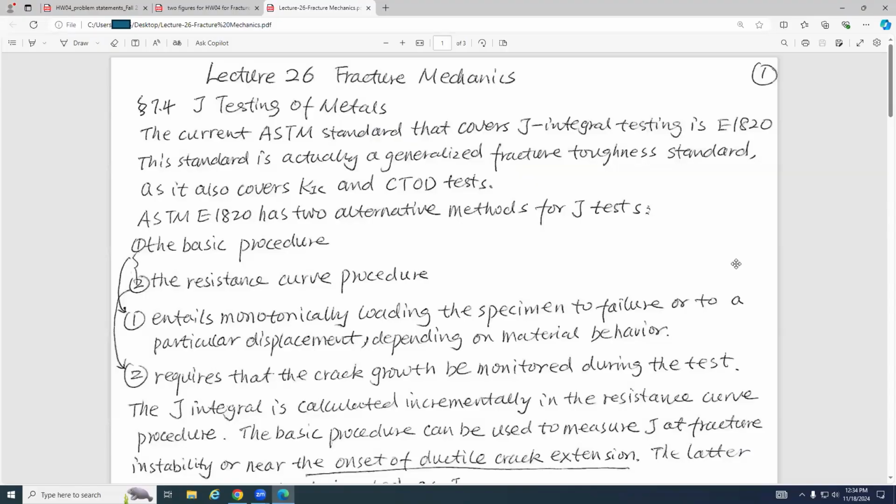Whenever you do tests, you need to search for what kind of ASTM protocol or protocols you can use. After that, you need to download these protocols. When you do the experiments, you need to follow the protocols closely. That is why we call them standards.